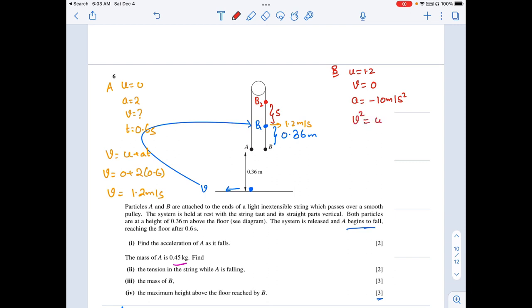So v square is equal to u square plus 2as. So 0 square is equal to 1.2 whole square plus 2 times minus 10 times s. So s is equal to 1.44 divided by 20, which will become 0.072 meters.